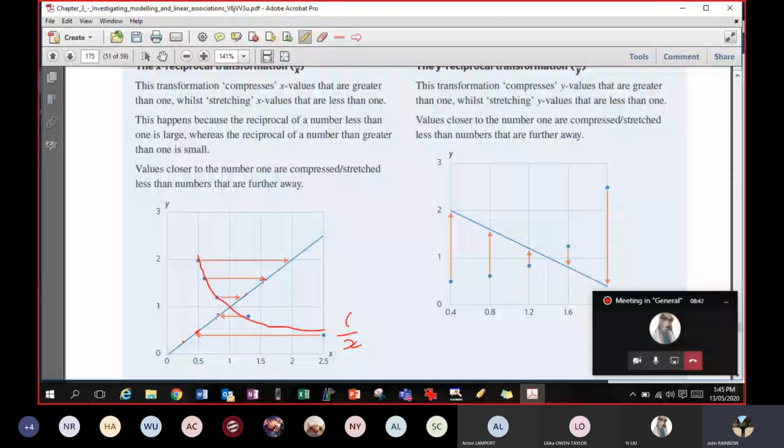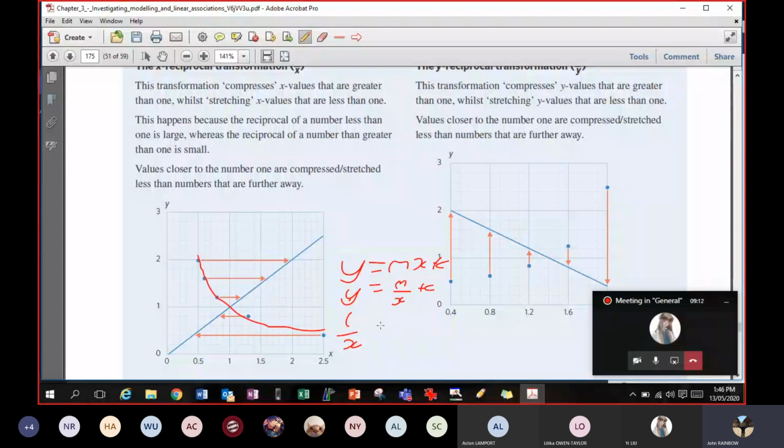All we do is, instead of writing y equals mx plus c, once we've done the transformation, it will be y equals m on x, or m times 1 over x, plus c. So you pretty much do exactly the same thing.